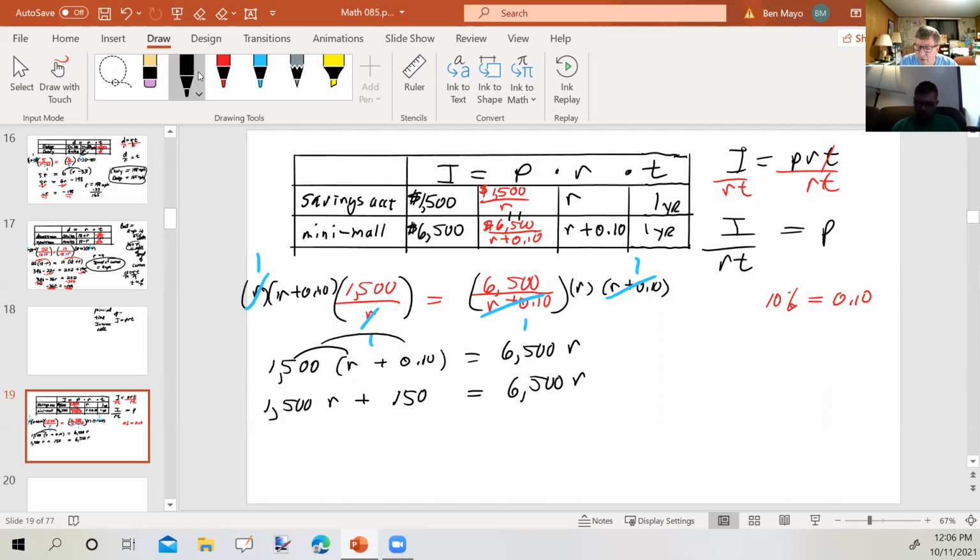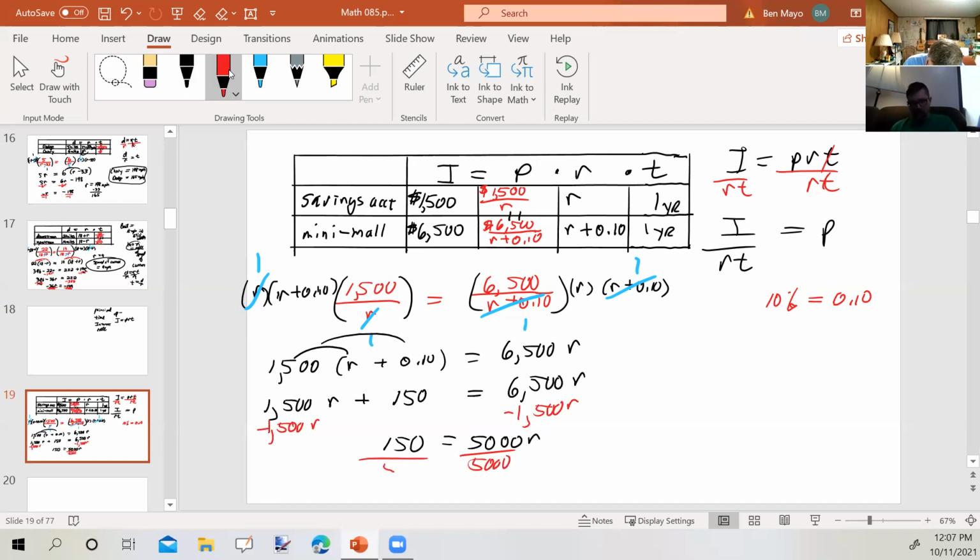I'm going to solve for R on the right side of the equation. So I will subtract 1,500 R from both sides of the equation, and I get 150 equals 5,000 R. Divide both sides of the equation by 5,000.